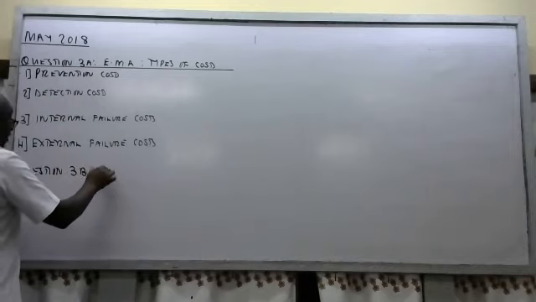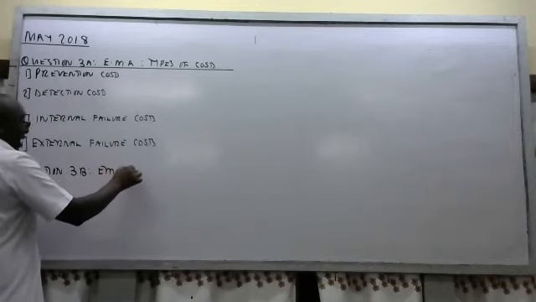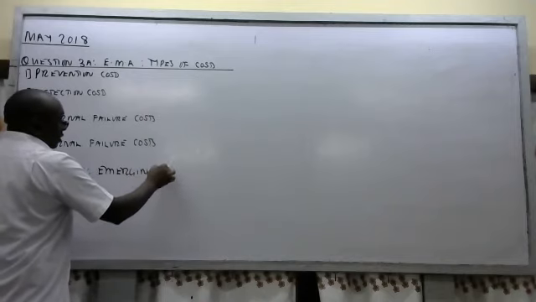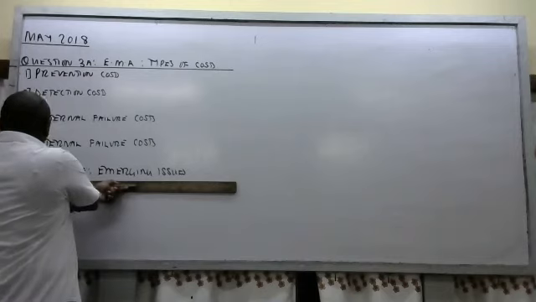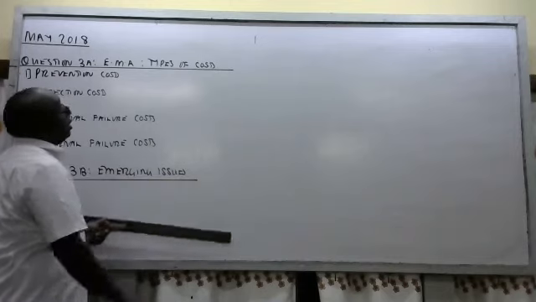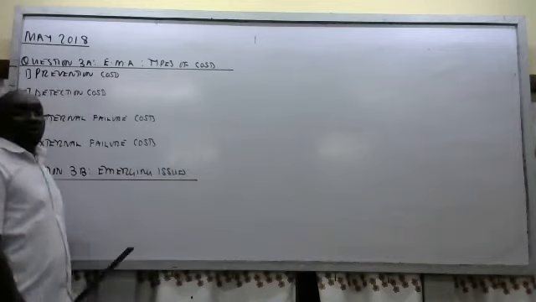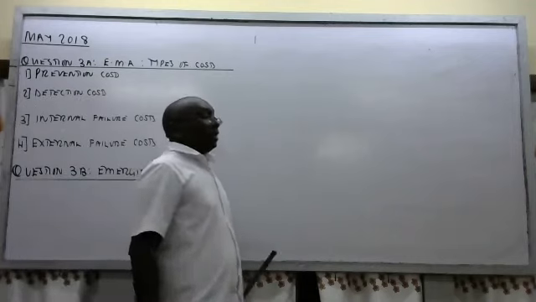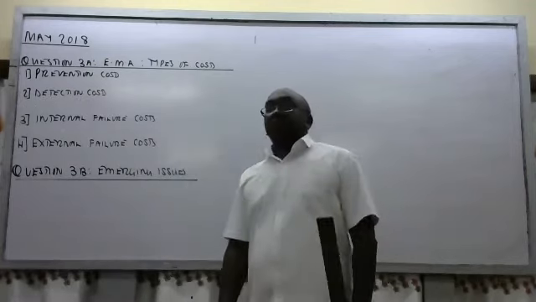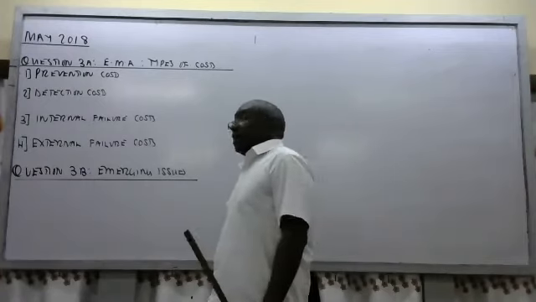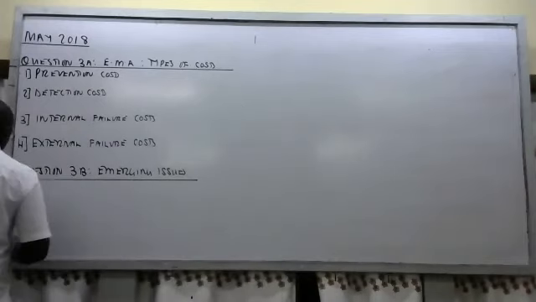This one we can categorize as emerging issues. The methods that you can use to scan risk. There are very many, but some methods are very popular, and these ones you know. The most popular is called SWOT.